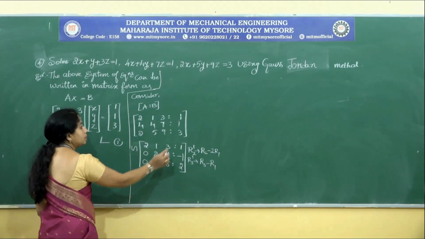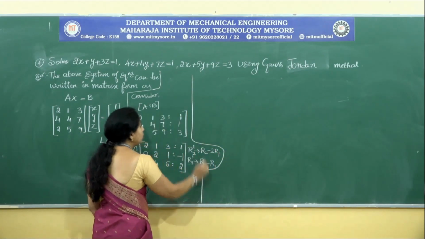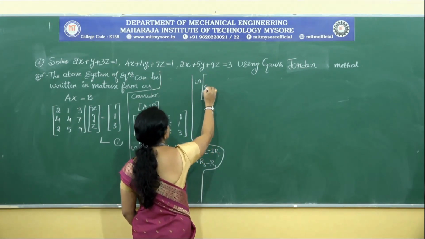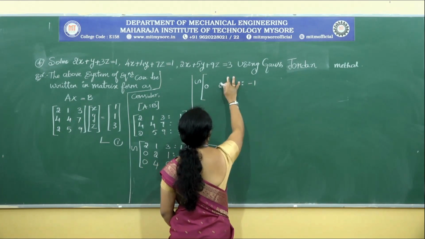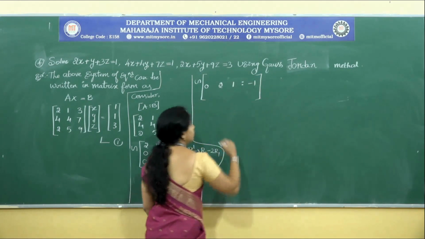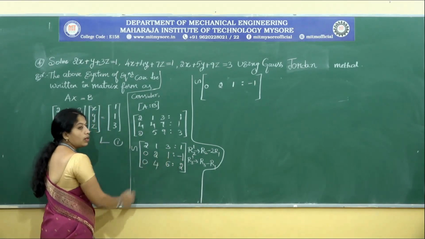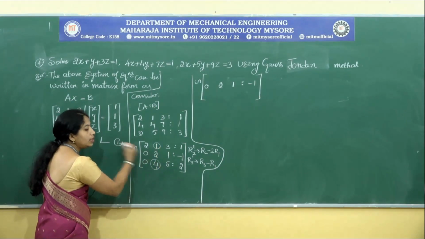Now, write this matrix is equivalent to, write the middle row as it is, the middle row is 0, 2, 1, minus 1. I have written the middle row as it is. Now, by using the row operation, make these two elements as 0.